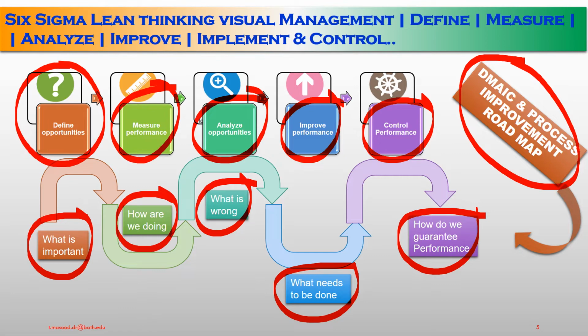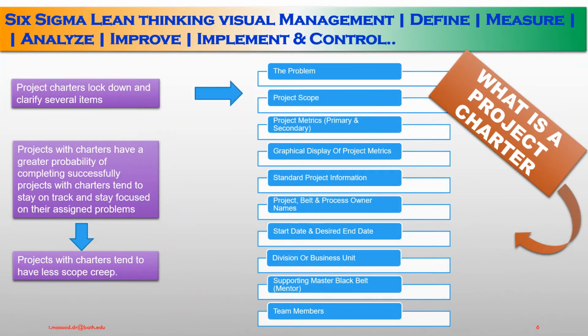Okay, in my earlier slide we discussed DMAIC: define, measure, analyze, improve, and control mechanisms. Now we are going to discuss what a project charter is. The project charter locks down and clarifies several items in order to deliver required results.